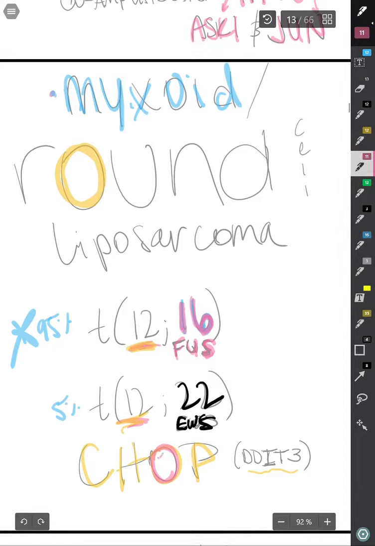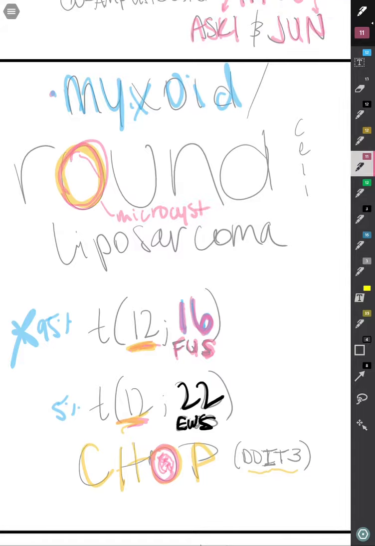Now, in terms of it being round cell, this is the round aspect of it. Round cell, kind of like that. And oftentimes if you're looking at it on H&E, there's all these little microcysts. So that's one way that I like to remember that: drawing round makes it microcystic, and the cell is round.